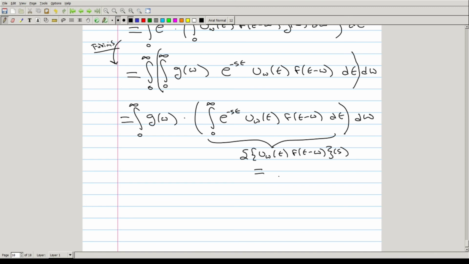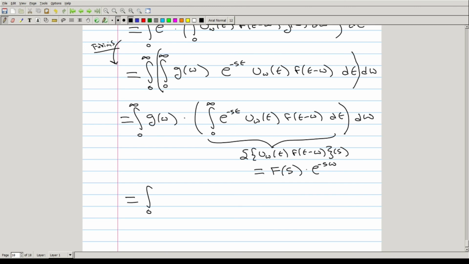is just going to be none other than the Laplace transform of f multiplied by e to the negative s times w.